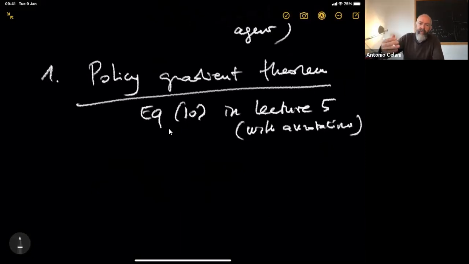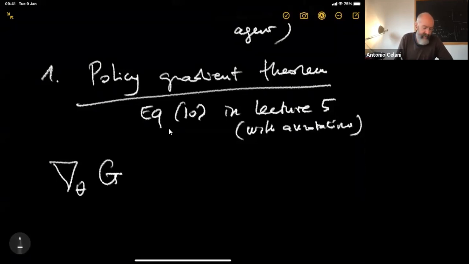You remember we went through a long calculation, which allowed us to write down explicitly exactly this object, that is the gradient with respect to something. In that case, we were differentiating with respect to the components of the policy, but the same calculation goes through for any parameterization of the policy.